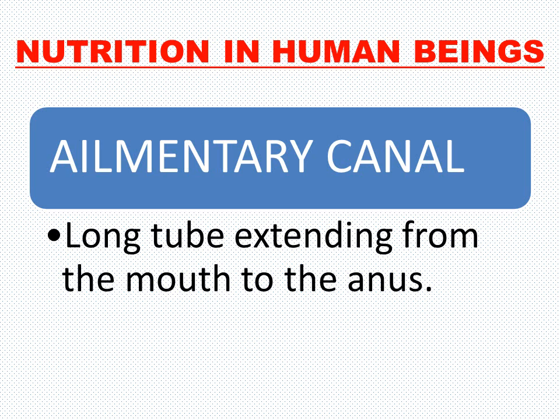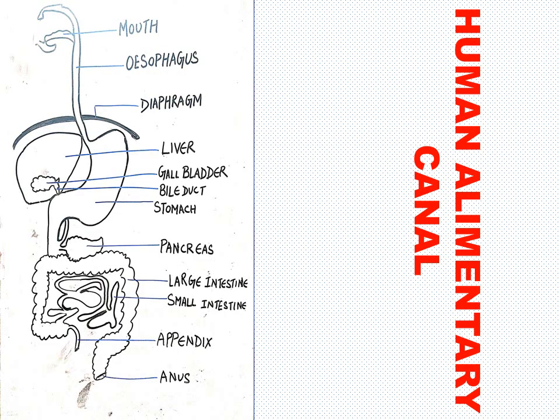Now let's study the structure of the human alimentary canal. Students, kindly look at the diagram carefully. You all must have seen this diagram in your junior classes as the digestive system of the human body. Now, what are the functions of each and every organ in this canal?